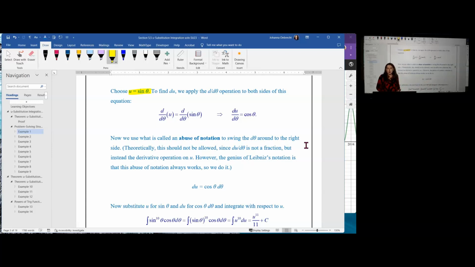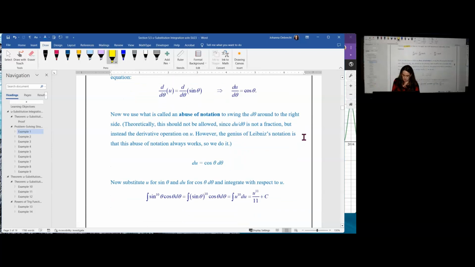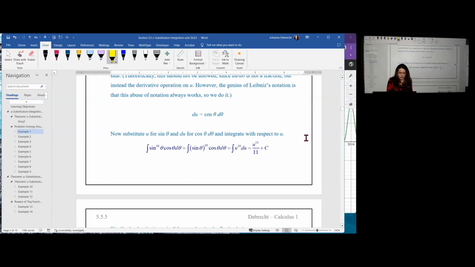You have to make a choice, and it just depends on how your brain works, what occurs to you on that problem. What we're going to do in method 1 is we're simply going to substitute u for sine of theta, and we're going to replace cosine theta d theta, g prime dx, or g prime theta d theta, with du.